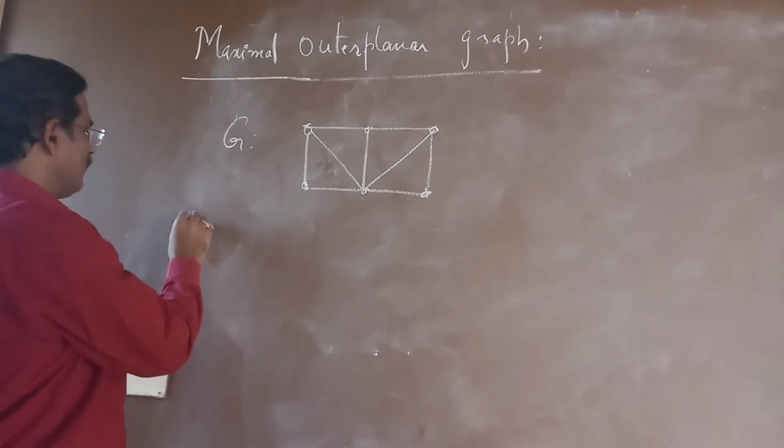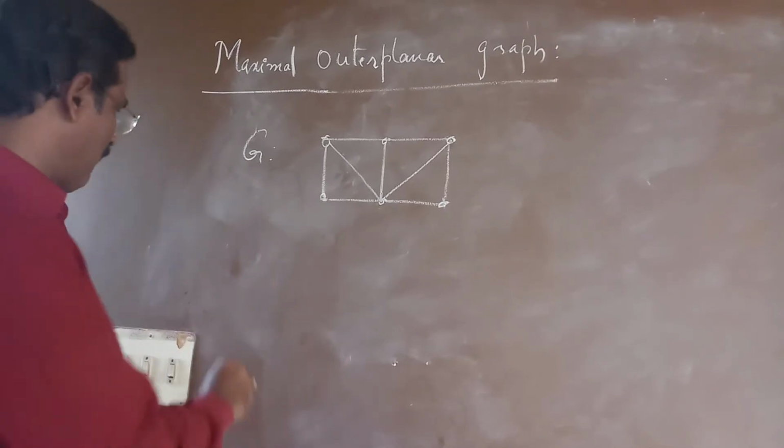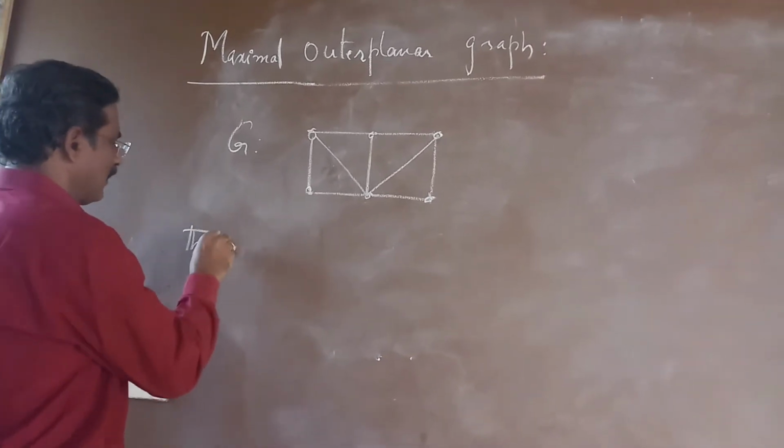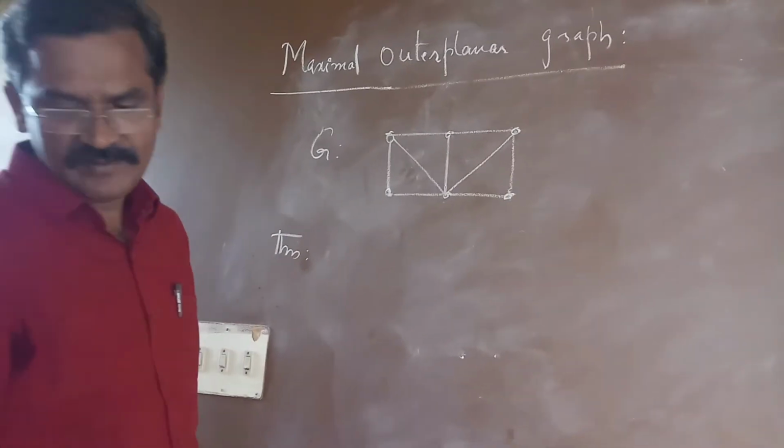Now we will prove one important result on maximal outer planar graphs as a theorem. Let G be a maximal outer planar graph.